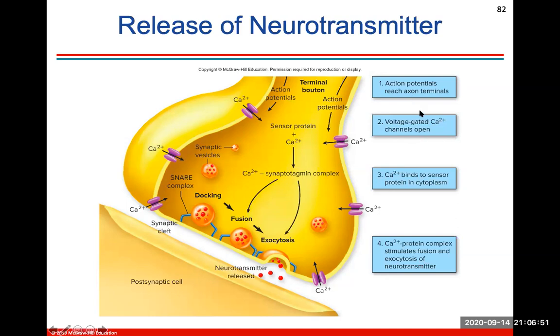It opens the voltage-gated calcium channels, which allow calcium to enter the axon terminal. Calcium is important because it binds to sensor proteins in the cytoplasm, and this calcium-protein complex stimulates the fusion and exocytosis of the neurotransmitter. So calcium is another important ion in the whole nervous system process because it helps release the neurotransmitter.